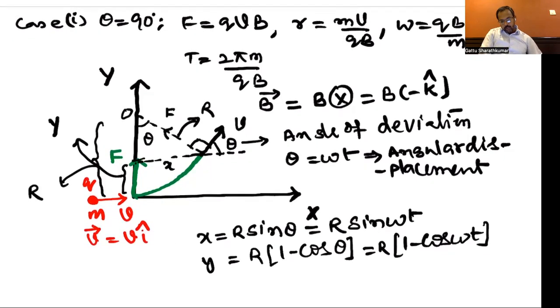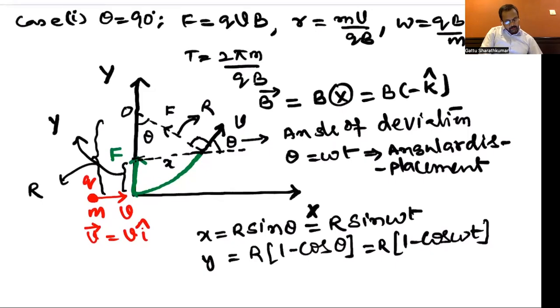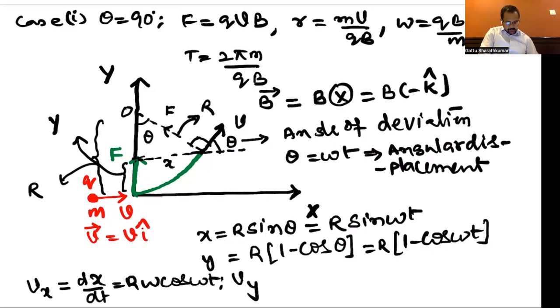Now, I wanted to take the component of velocity along the x-axis. Vx is equal to dx by dt, which will give me r omega cos omega t. And Vy, velocity along the y-axis, is r omega sine omega t.